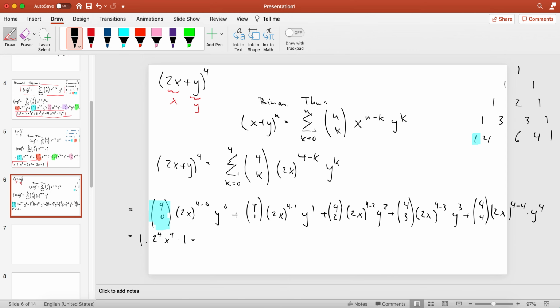Okay. 4 choose 1 is actually given here. Remember, we start counting at 0. So this was 4 choose 0. This is 4 choose 1. So that's 4. 2x to the 3rd is 2 to the 3rd, x to the 3rd. And there's just y to the 1 there. Plus 4 choose 2 will be 6.